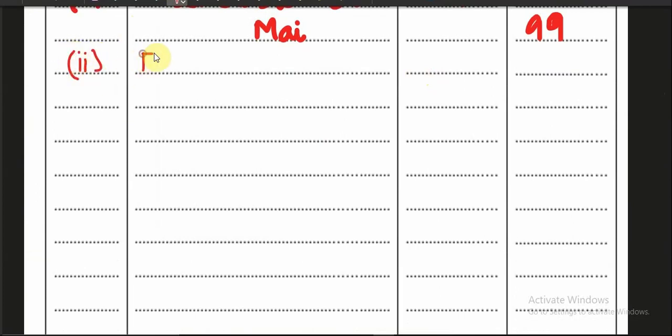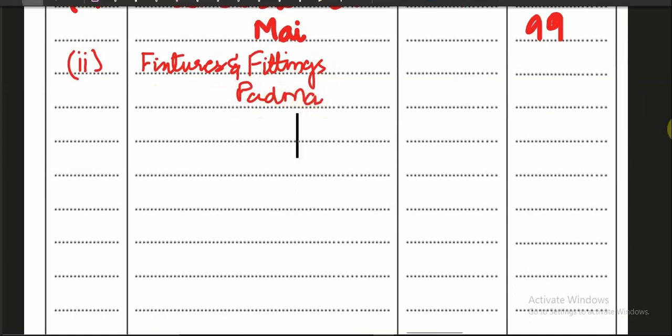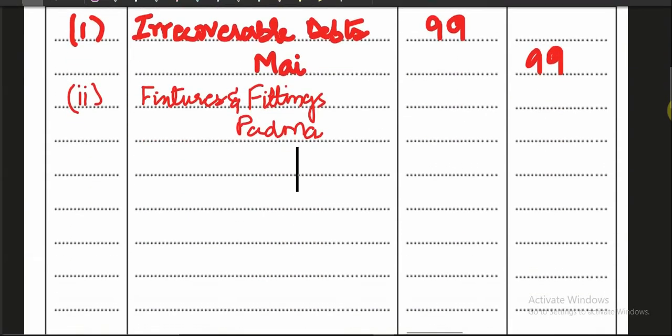Since we are receiving fixtures and fittings, I would write fixtures and fittings over here, and on the credit side, we would write Padma. The amount being $875.